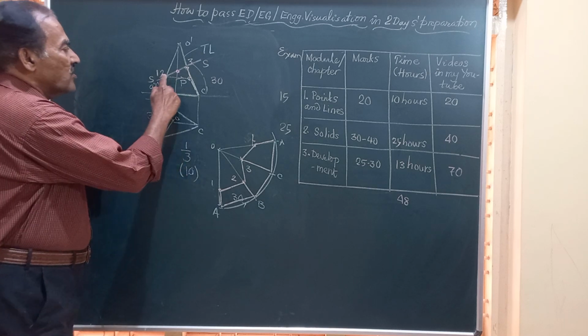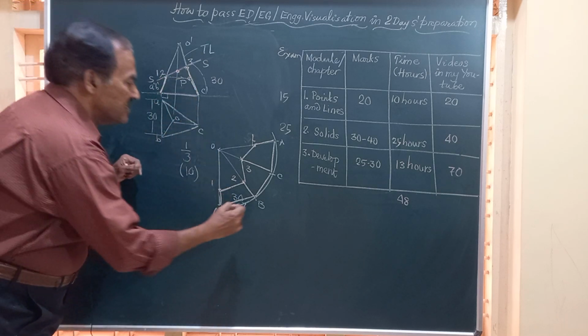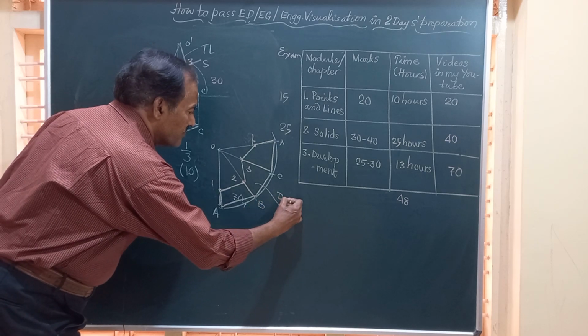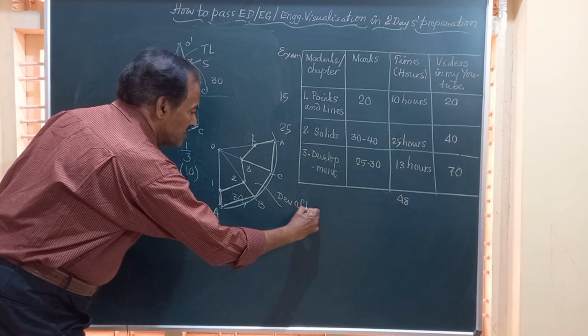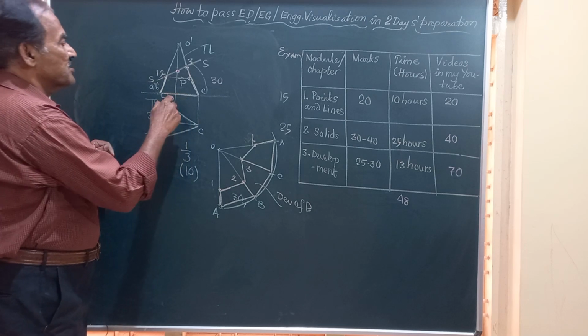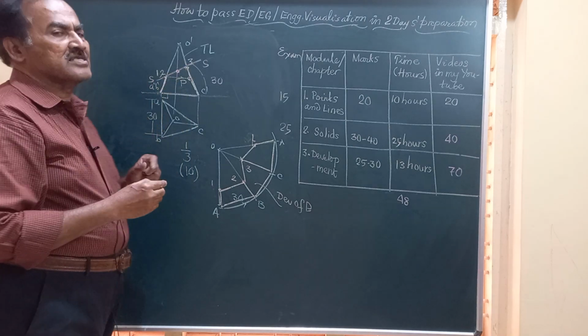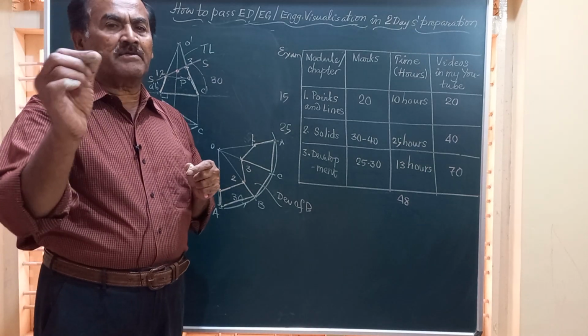Friends, if you call this portion as P, this figure will give you the development of P, the lower part of the pyramid, or this particular part is called a truncated pyramid.